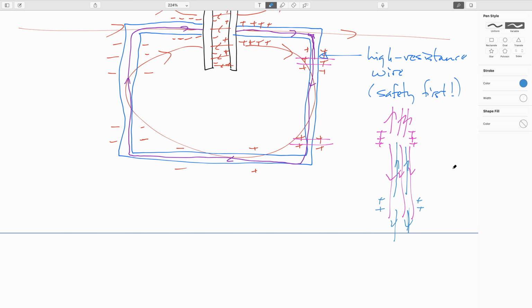So if I add up the contributions, we will have the contribution to the electric field from the ring above and the contribution from the ring below to give me my net electric field pointing down.